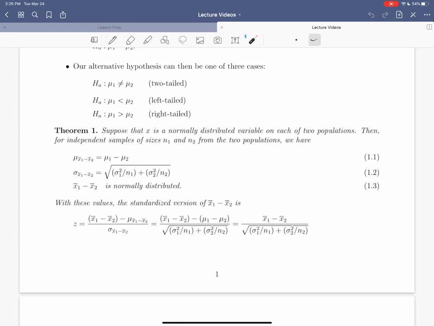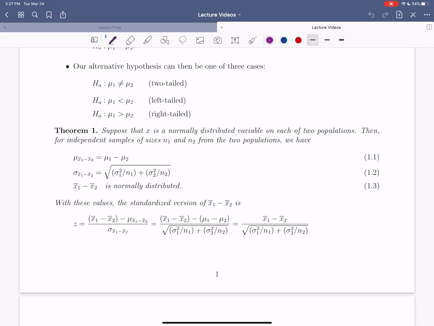Sigma 1, sigma 2 are the standard deviations of populations 1 and 2. And just like usual, S1 and S2 stand for the sample standard deviations, and likewise X bar stands for the sample mean. Okay, so it's all the same stuff.